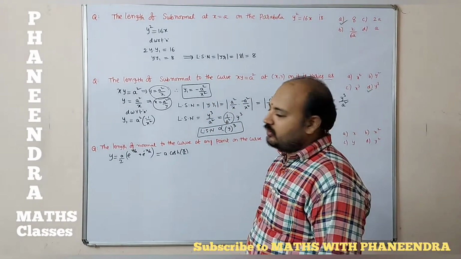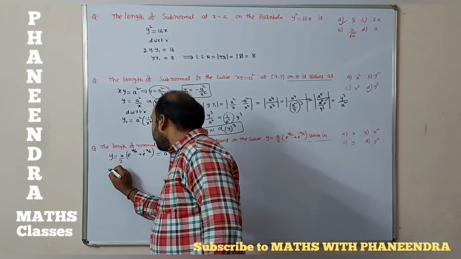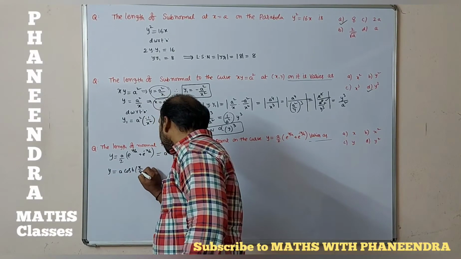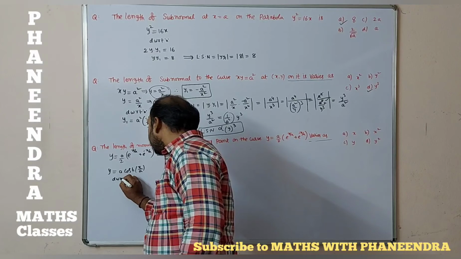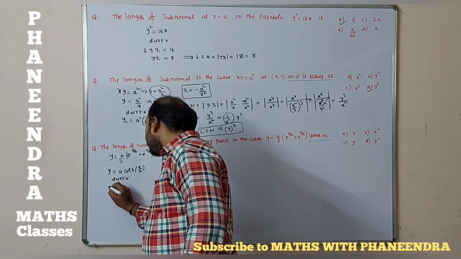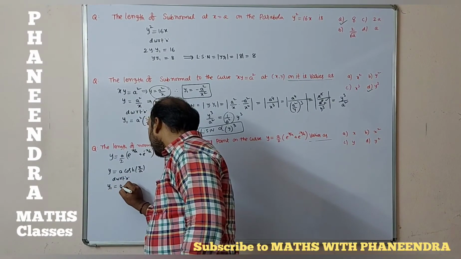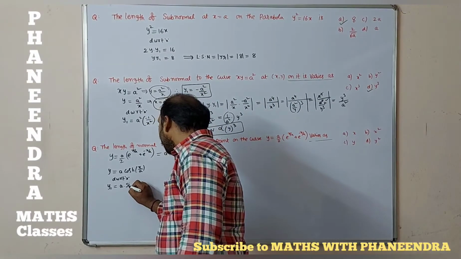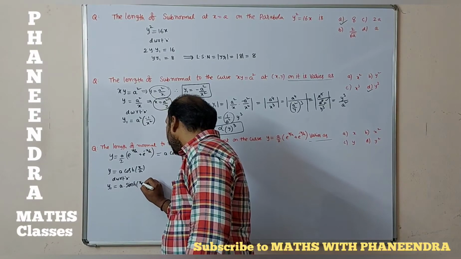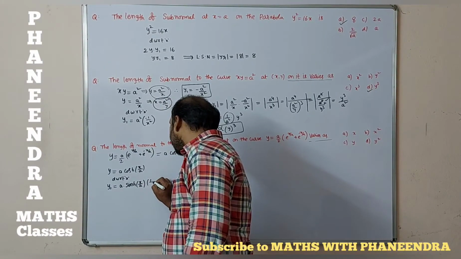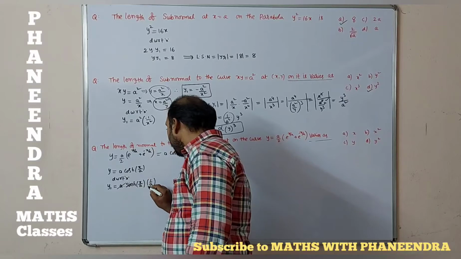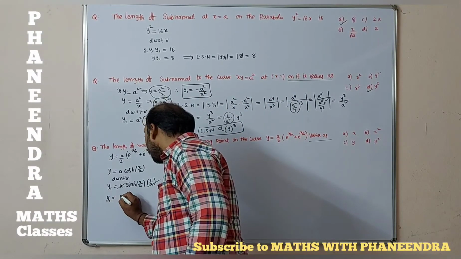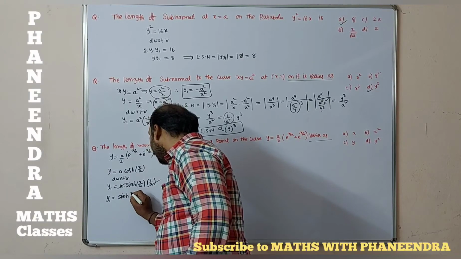So this is the value of y. Therefore y is equal to a into cos h x by a. So differentiate with respect to x. So the y derivative is y1, a into cos h x by a derivative is sin h x by a. Again x by a derivative is 1 by a. So here a gets cancelled. So y1 is equal to sin h x by a.